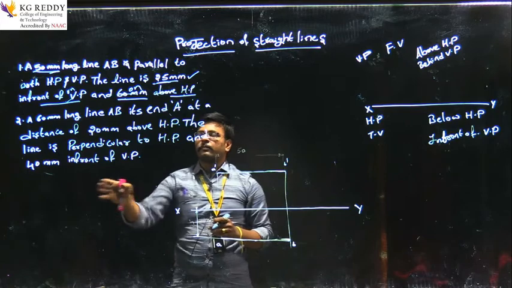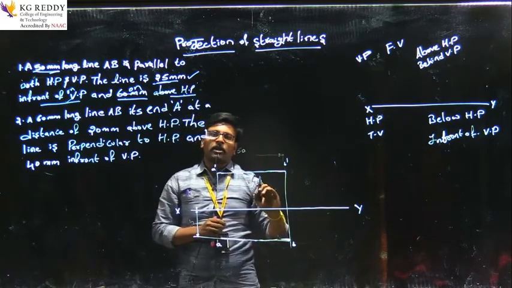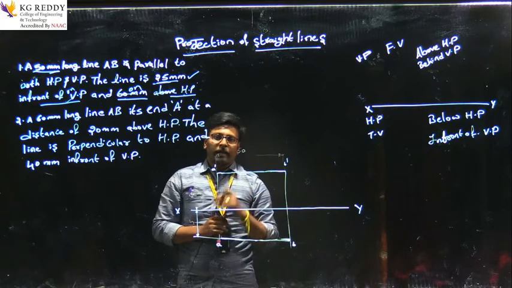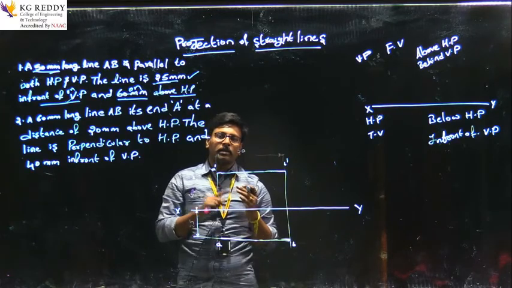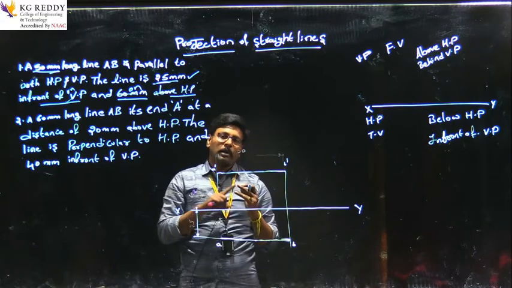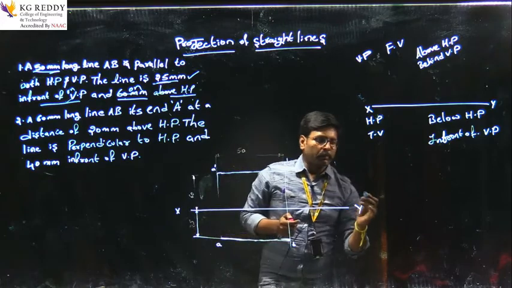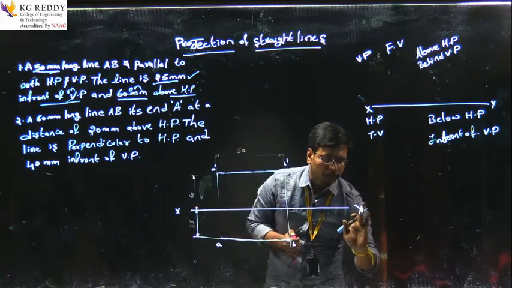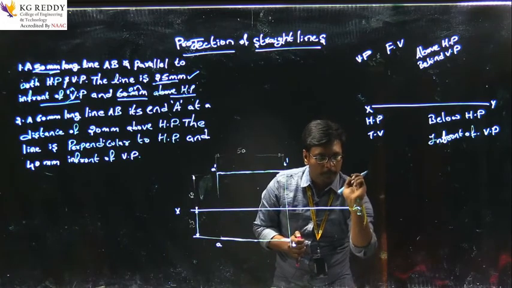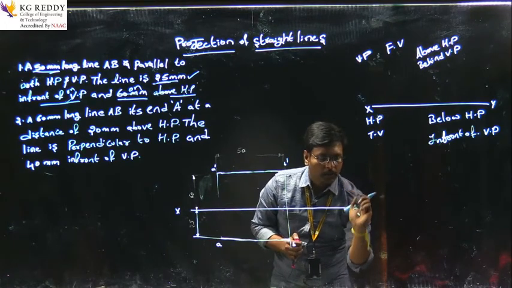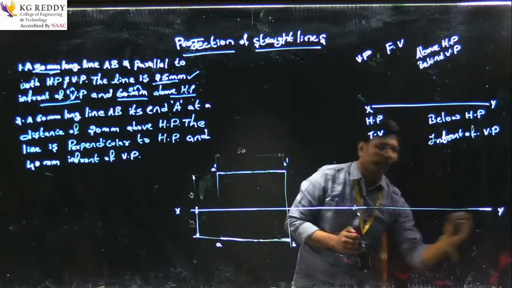The next problem is related to a line perpendicular to one of the planes. The plane we consider can be either the horizontal or the vertical plane. Let me draw the concept on the same reference line, with some distance.